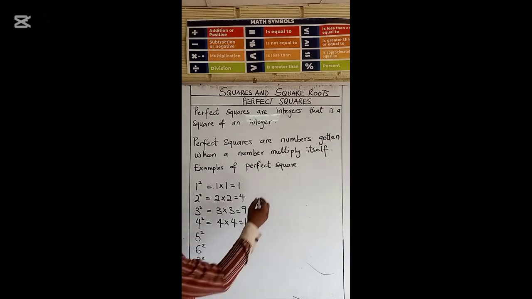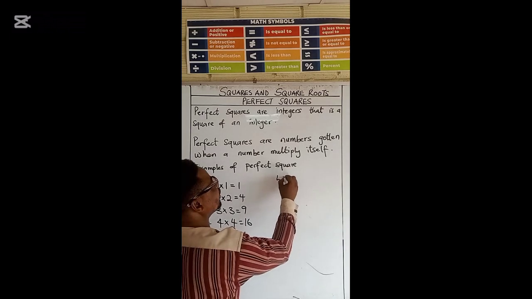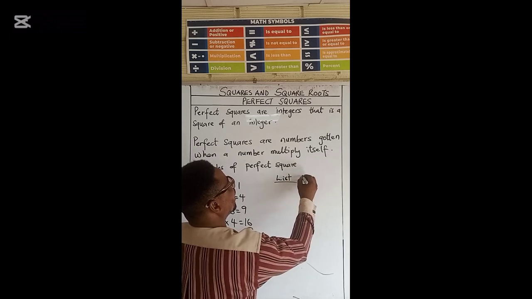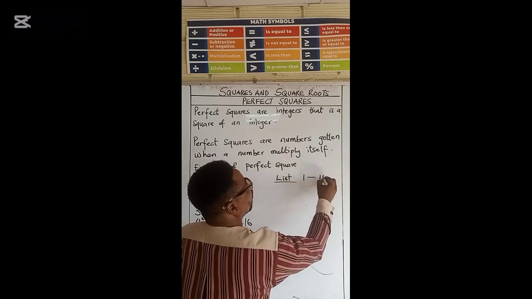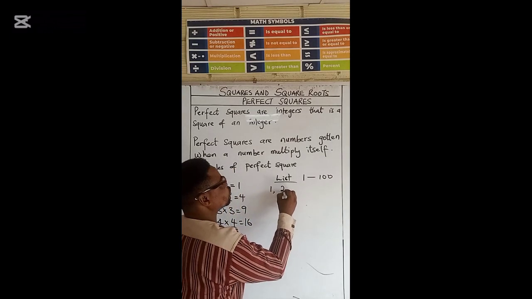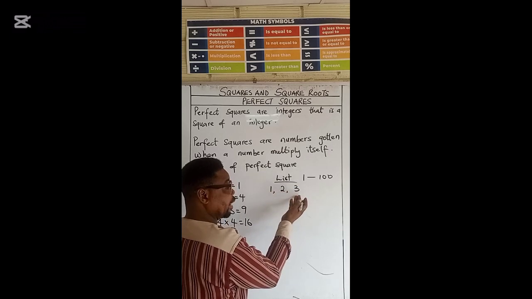So just imagine we are asked to list all the perfect squares from 1 to 100. Okay, we want to list them. Perfect squares from 1 to 100, we will be having 1, 2, 3. Am I correct?